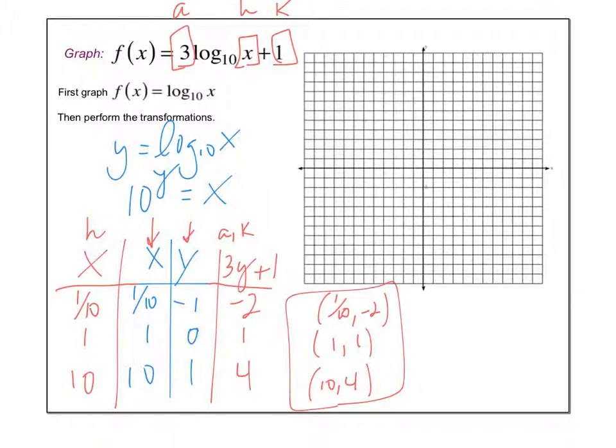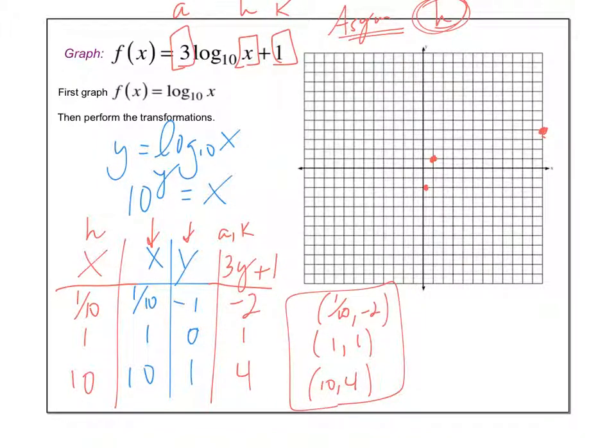1/10, -2. So it's very, very little there. 1, 1 is here. And then 10 comma 4 is way over here. That's 3, here's 4. And we would presume to draw our asymptote. The asymptote is your h value.